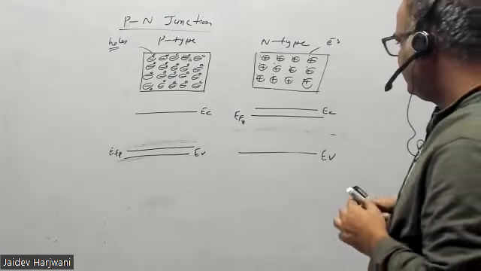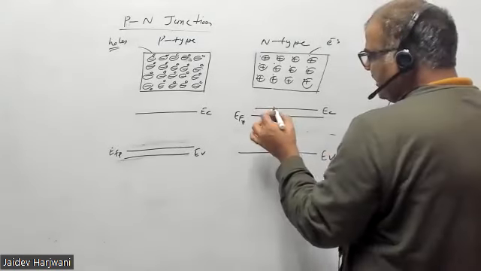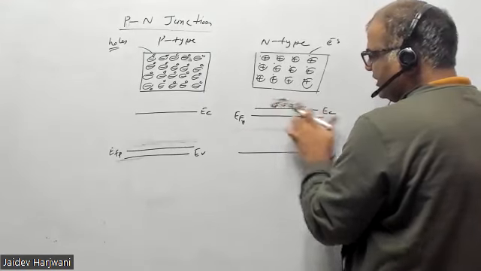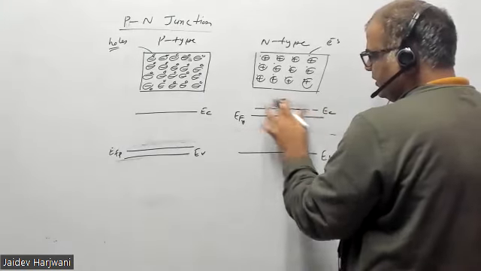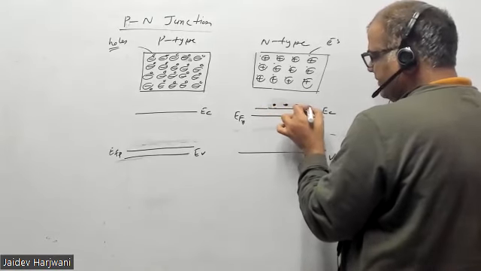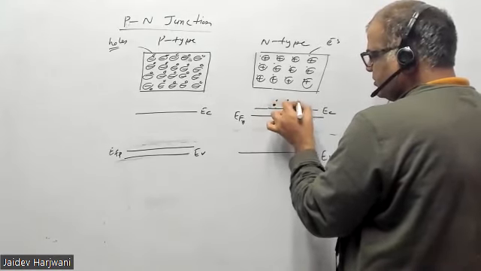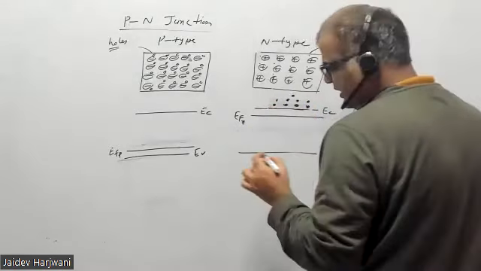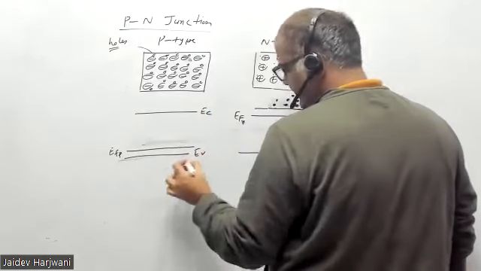So now, here you have electrons. I'm drawing these circles dark. Here in the n-type I have a large number of electrons, and here in the p-type material I have holes.